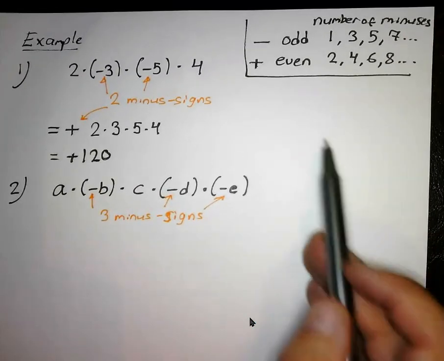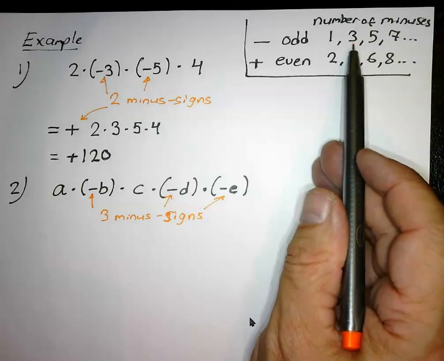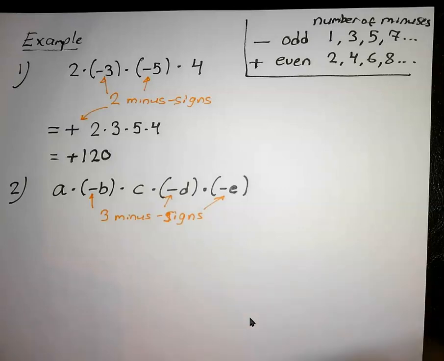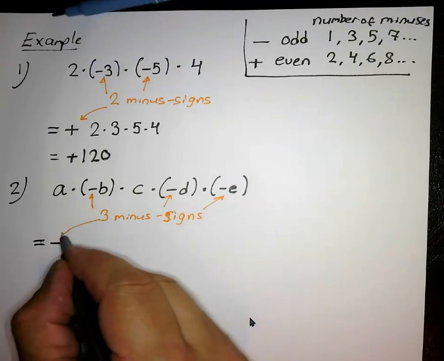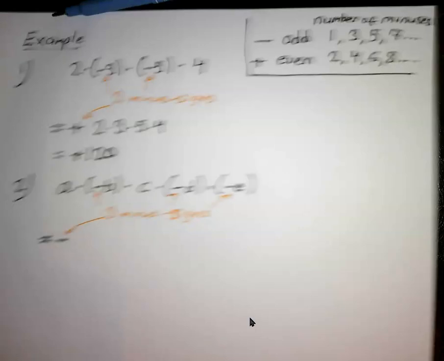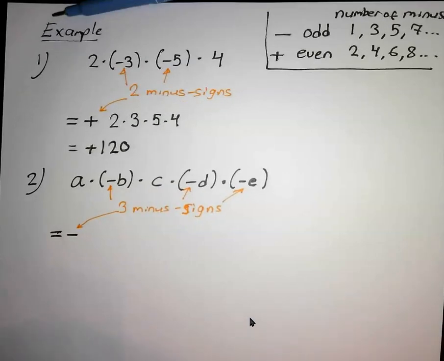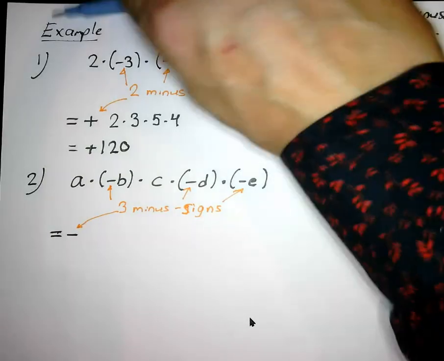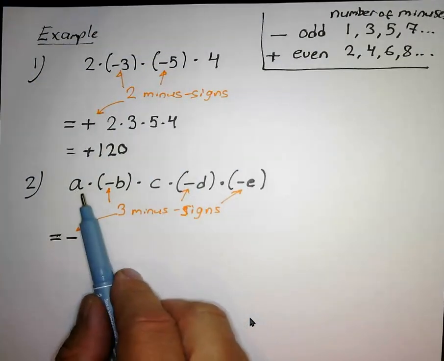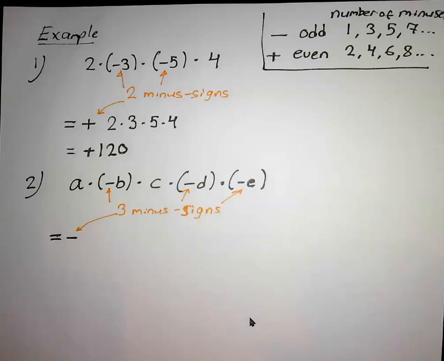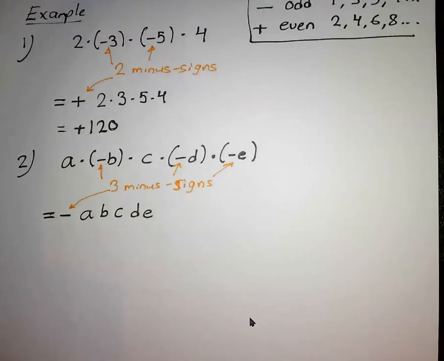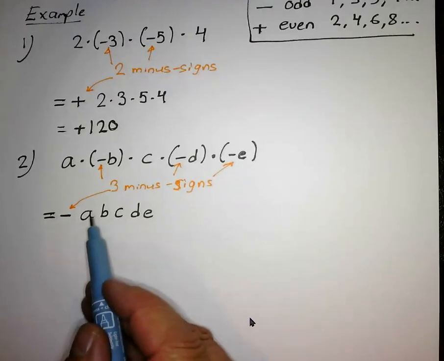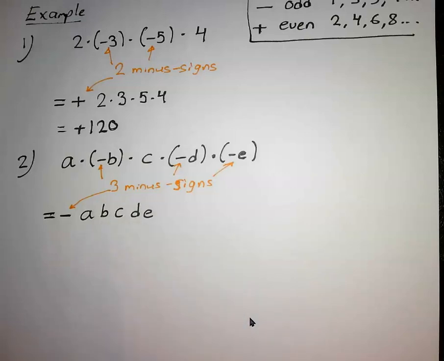So it's an odd number, 3. So you get minus. And with these letters, you don't have anything to do, because you have 5 different letters here, A, B, C, D, E. So you only write A, B, C, D, E. You can't do anything more than that. Of course, you may put multiplication marks there, but usually you don't do that.